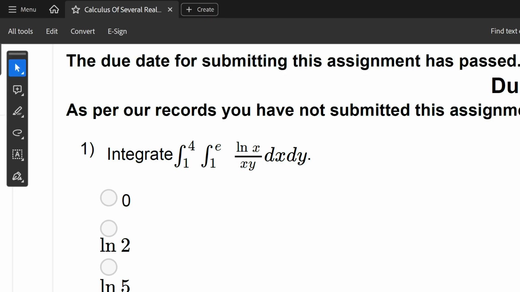We should change the order. Both are fine in this case, because you know the integral here is ln x by x dx, with y as a constant, right? So ln x by x you can integrate directly. So no need of change of order of integration, but I will tell you how to change this.